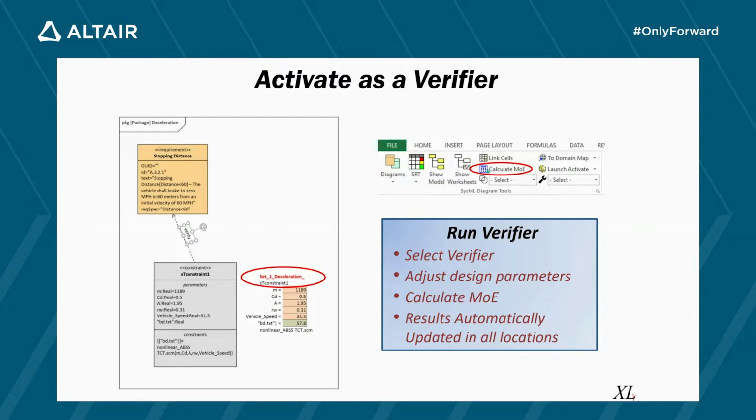And then I just can calculate the simulation directly from the diagram. It'll put the result back here in the MOE box, the 57.8, and then it will update the value every place in the system. So in all of the status reports and summary tables, the results get updated automatically.